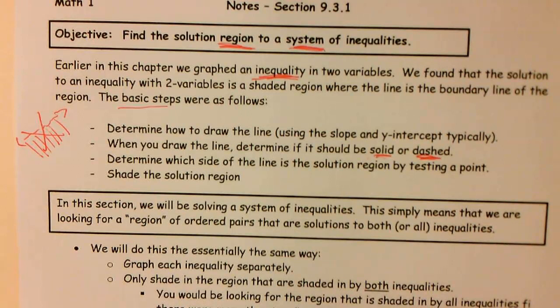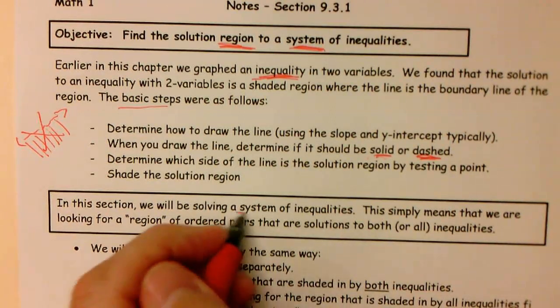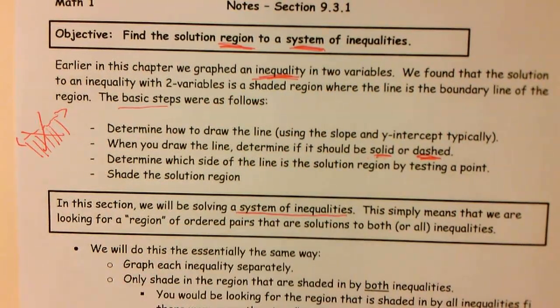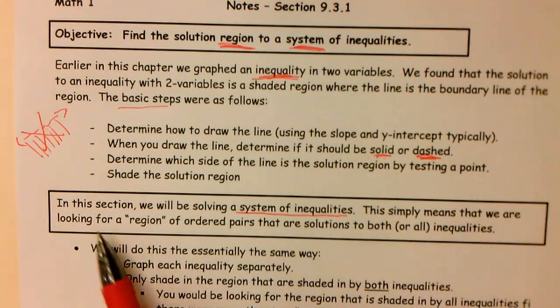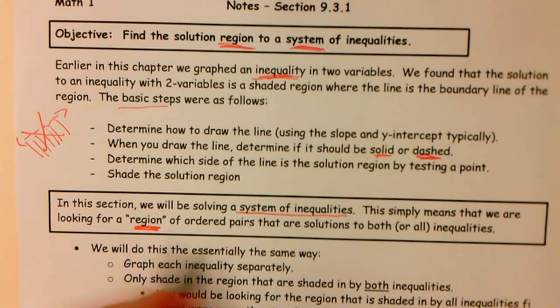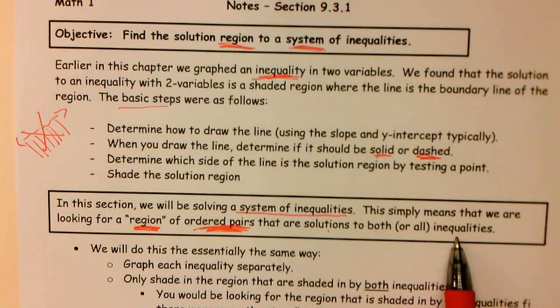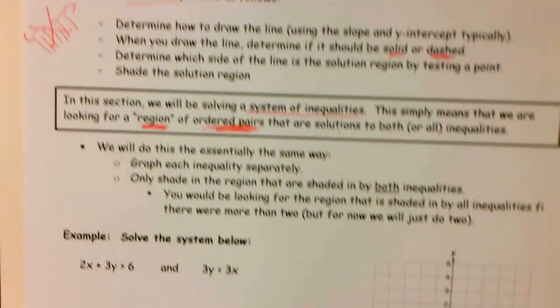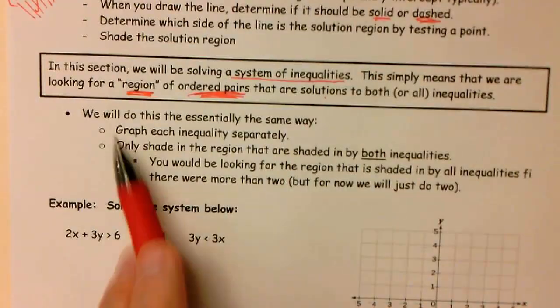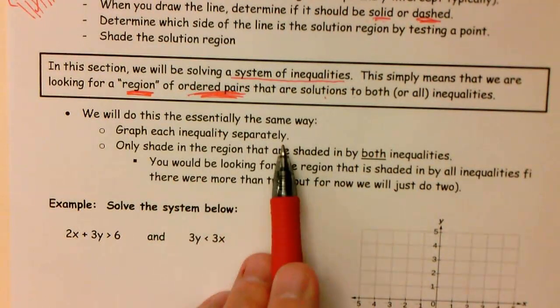So the only thing we're changing in this section is, instead of a single inequality, we're now going to be solving a system of inequalities, which simply means that we are looking for a region of ordered pairs that are solutions to both, or all, if there's more than 2, inequalities. And we will do this essentially the same way.